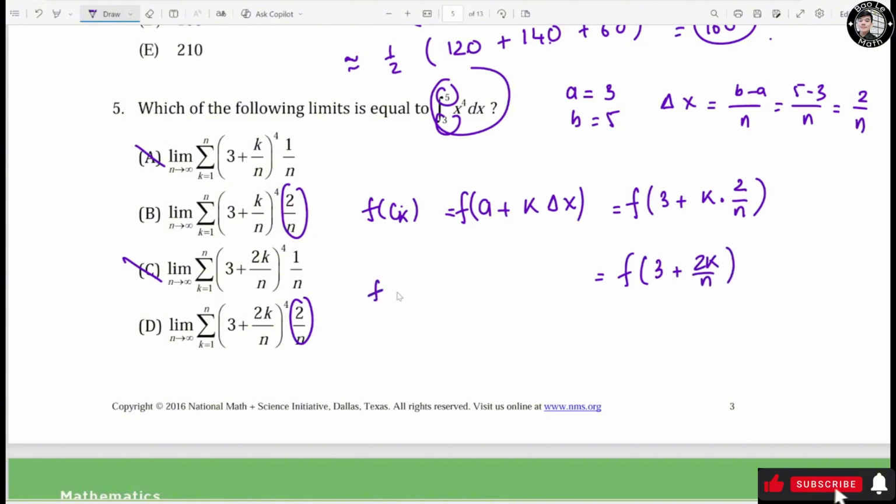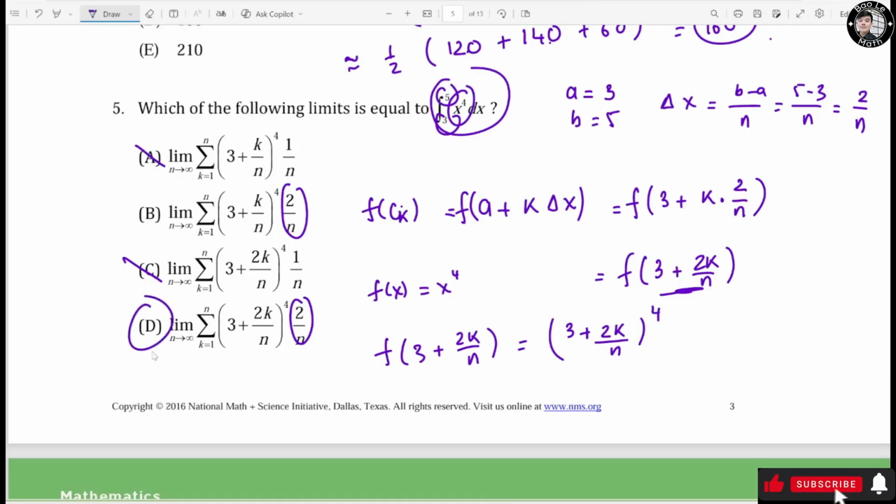But f of s equals s to the 4 right here, so substitute this for s, so it could be f of 3 plus 2k over n equals 3 plus 2k over n altogether to the power of 4. So the answer must be D.